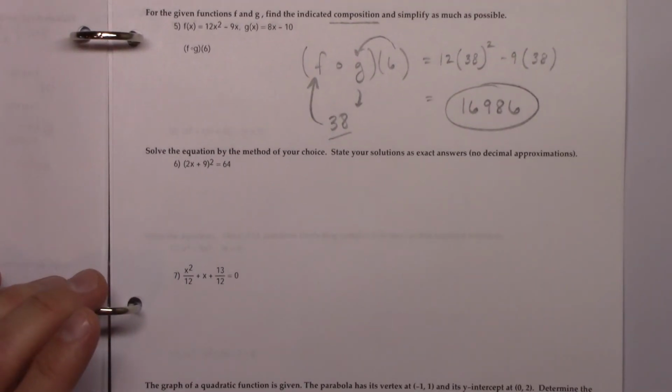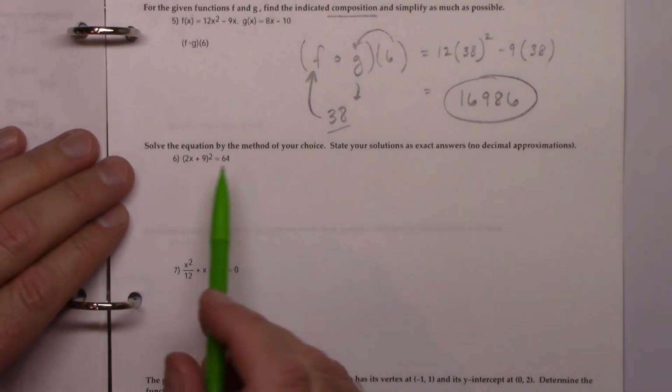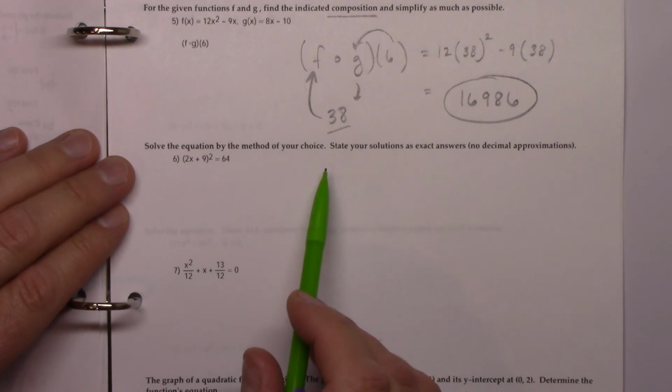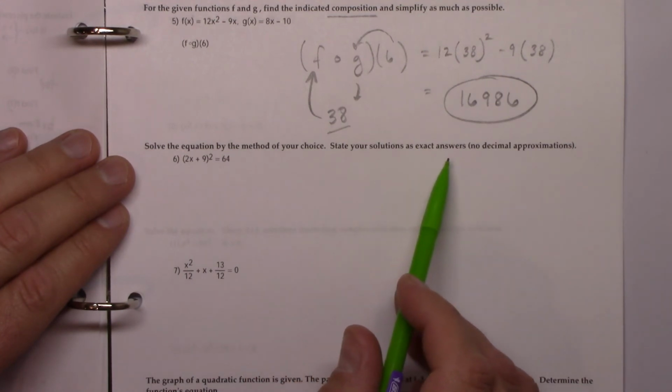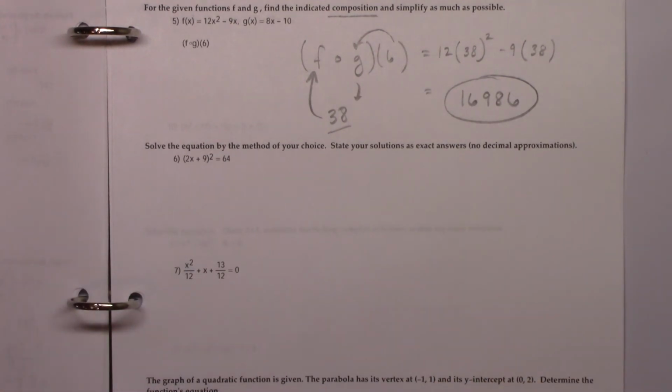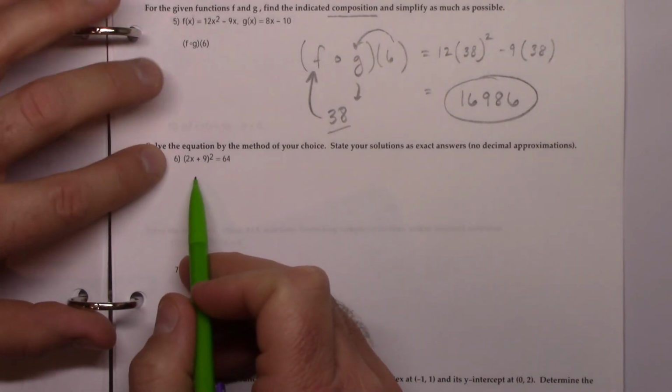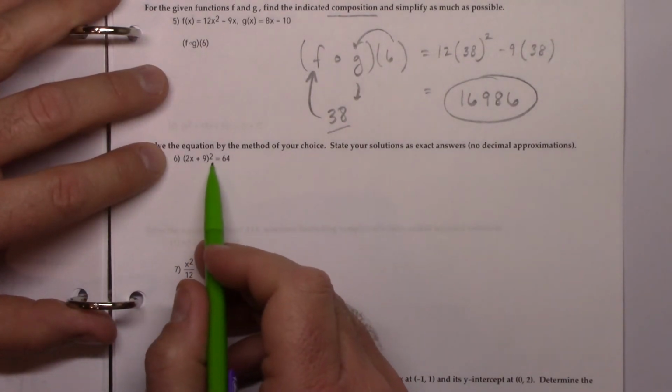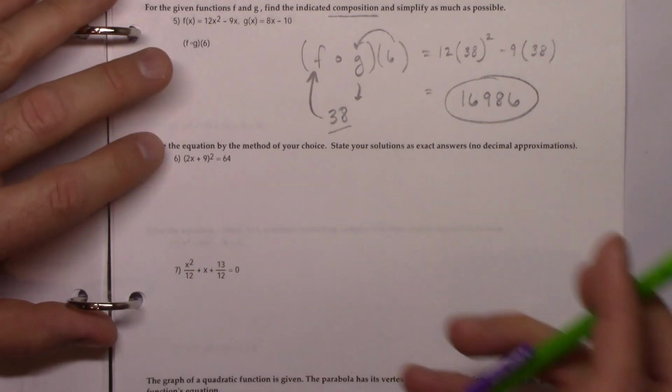For problems 6 and 7, they're telling us to solve the equation by the method of your choice. State your solutions as exact answers. That means no decimal approximations. If it's a square root, leave it as a square root. I'm going to start with example 6, or problem 6, by reminding you of what is called the square root property.